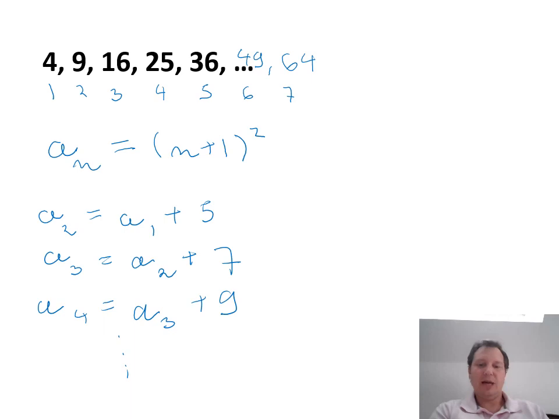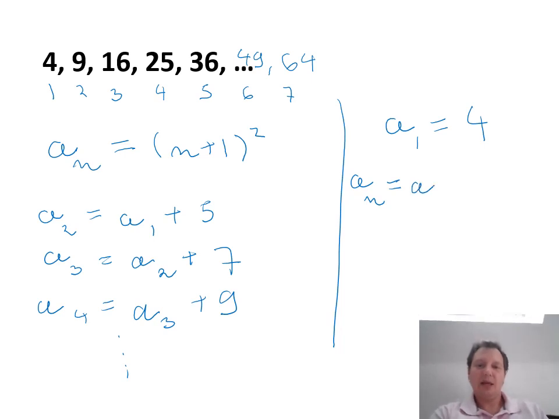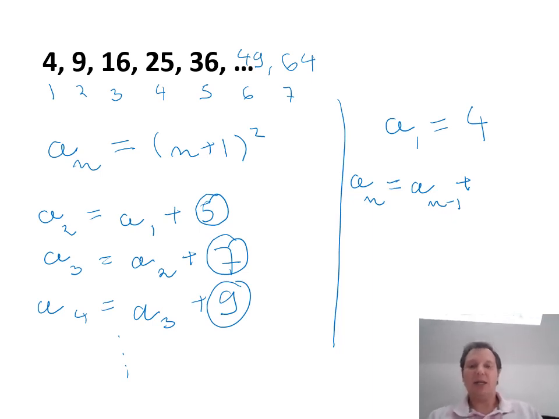On the right hand side, I'll write down the recursive definition. a1, don't forget the initialization, is equal to 4. a_n is equal to a_(n minus 1) plus something that is changing in every iteration, which means that it might be a good idea to relate it to n.